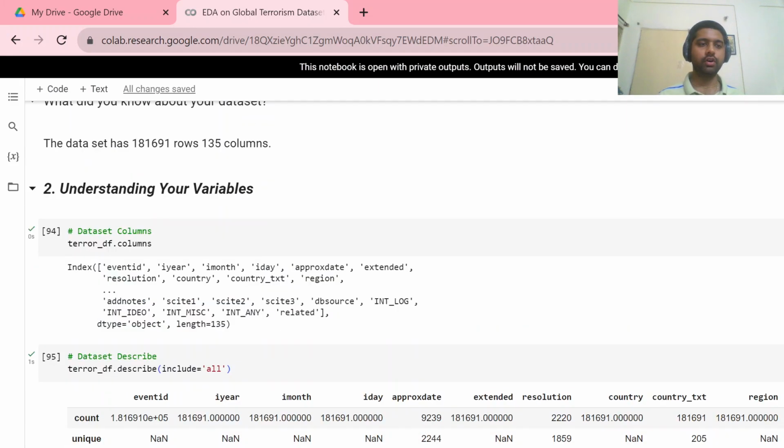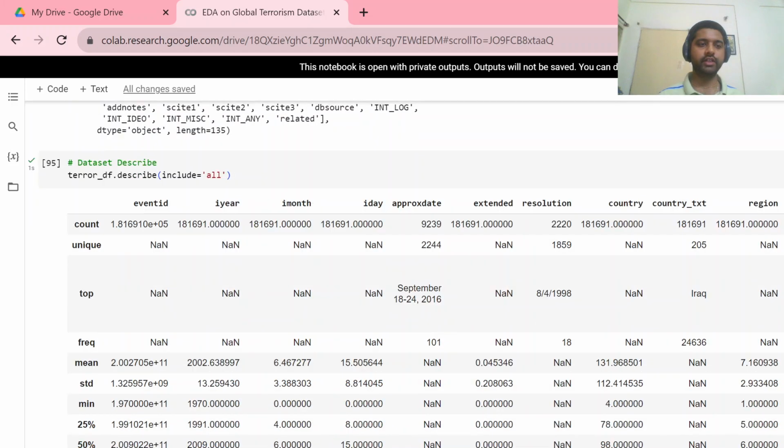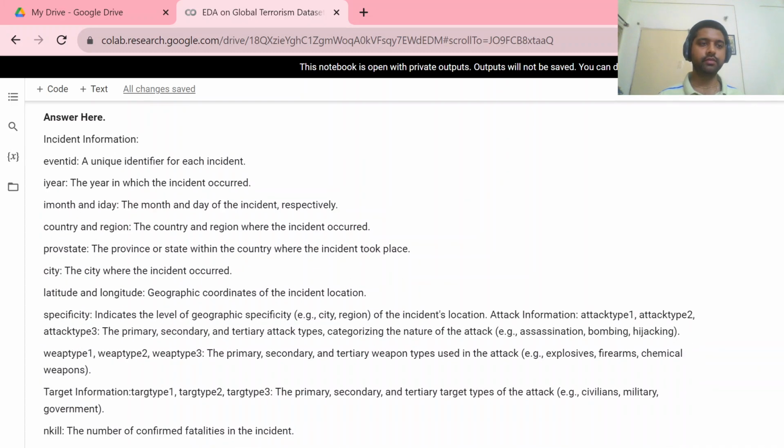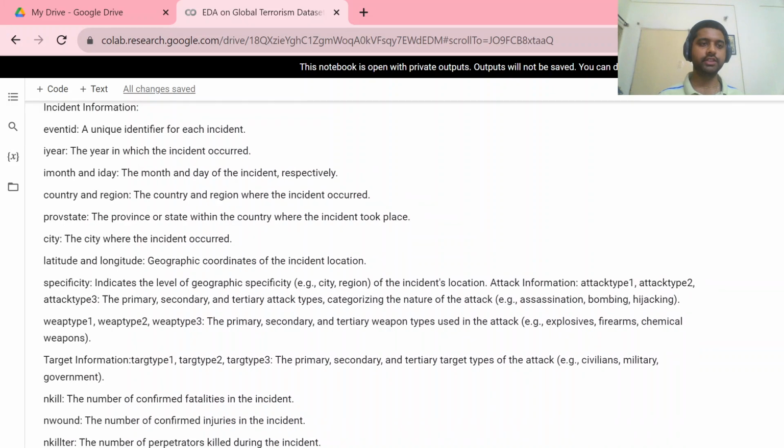Here we describe our data set. For every variable there is the count, unique values, top value, standard deviation, minimum value, and maximum value. Here is the variable description: there is event ID, year, month, country.